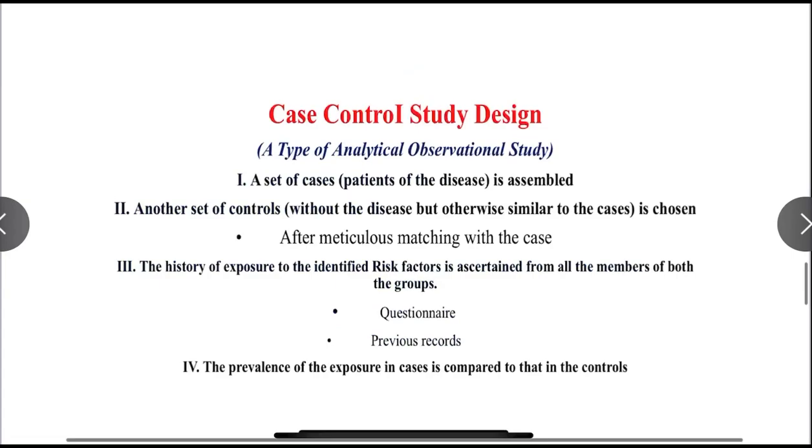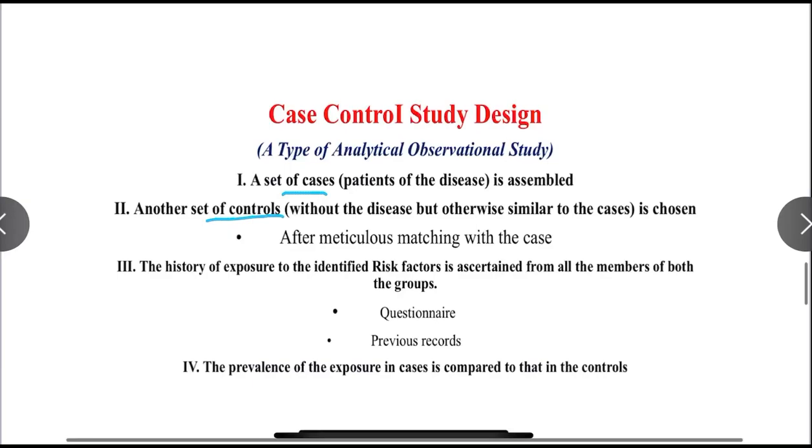In this, what we do is organize two groups. One is called cases, the other is called control. The set of cases are the patients with the disease. Controls don't have the disease, they are without the disease but otherwise similar to the cases.